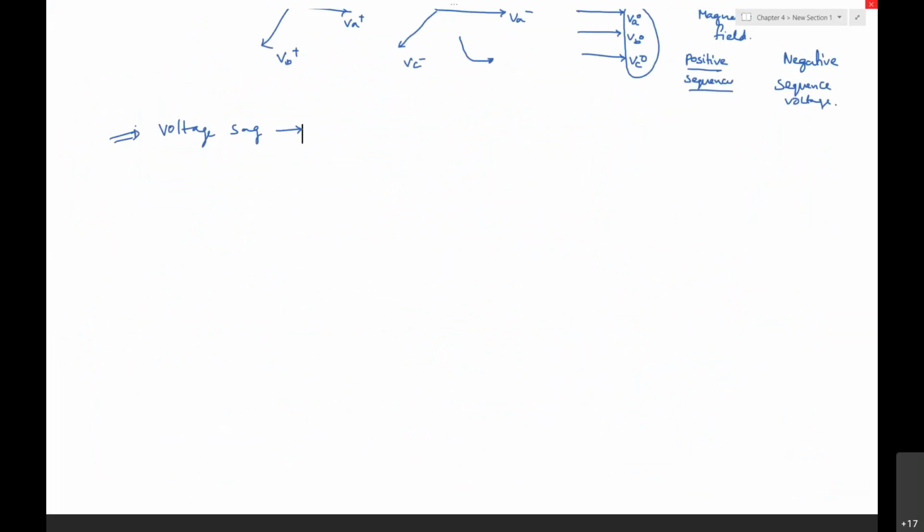Apart from the magnitude reduction, if I draw the phasor diagram, this is the VA voltage, this is the VC voltage, and this is the VB voltage.